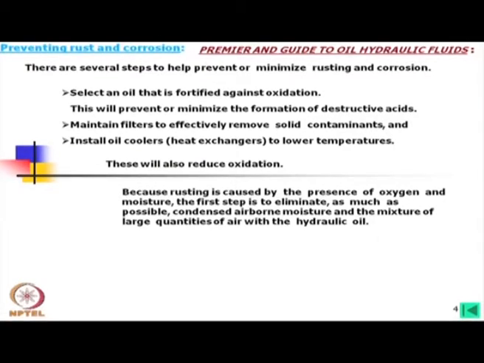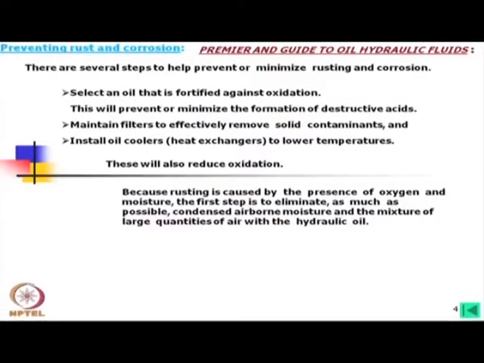Say for example, with the increase in temperature, not exactly boiling, but there may be bubbles created, and those bubbles again will capture the air, which will not only go for corrosion, it may also cause oxidation.